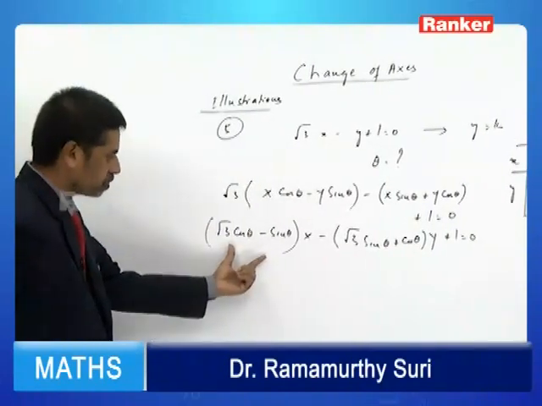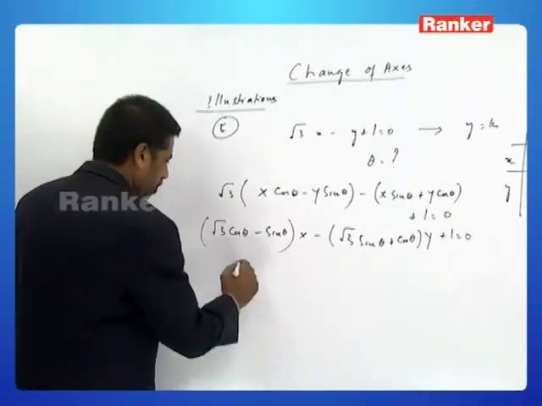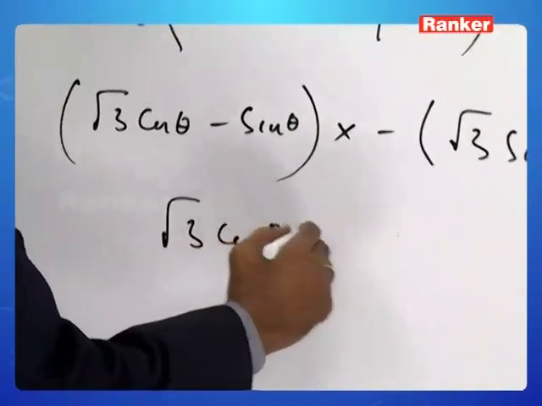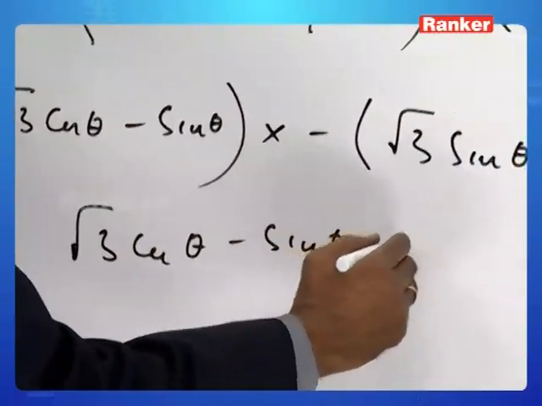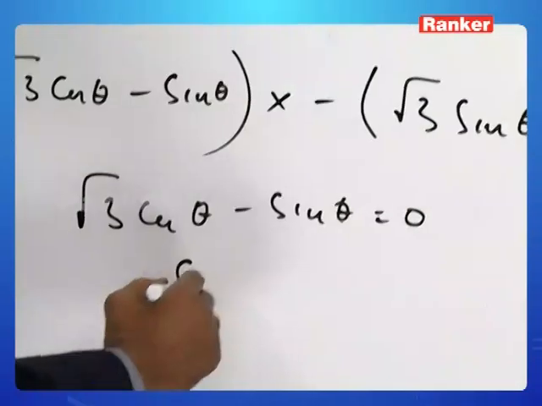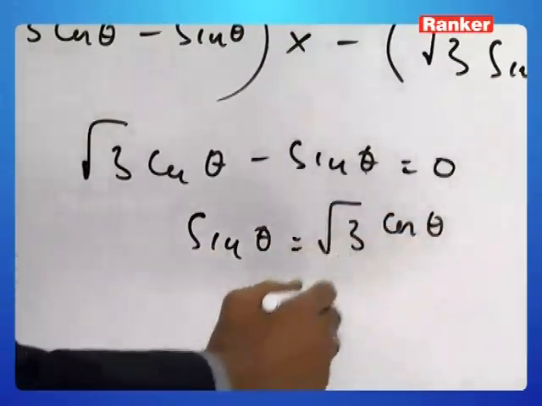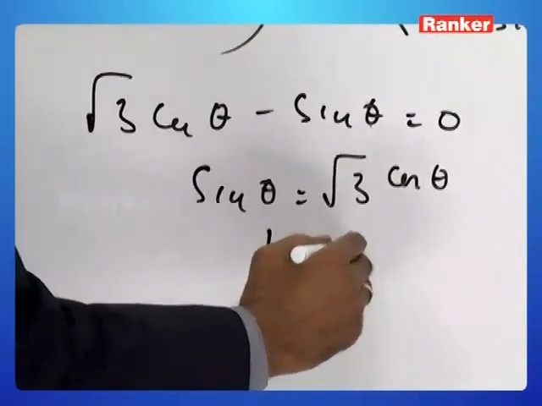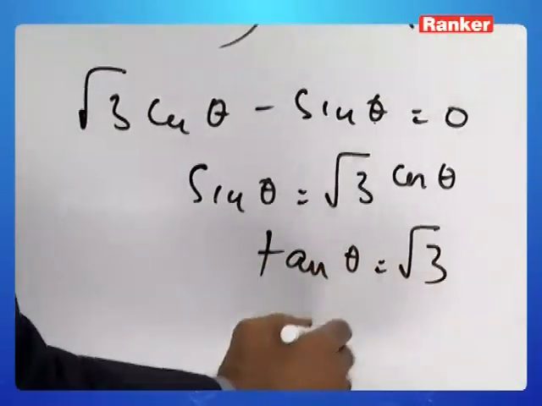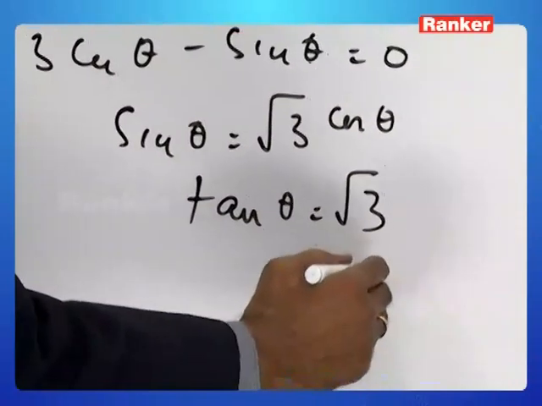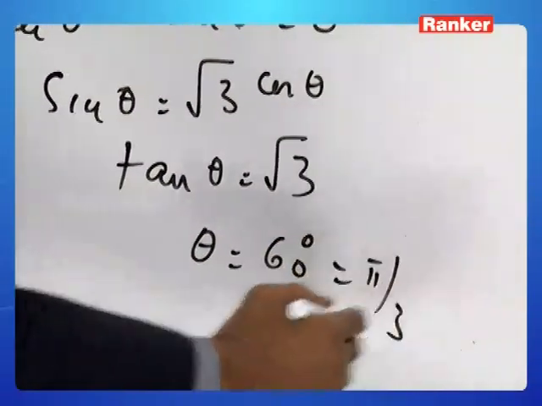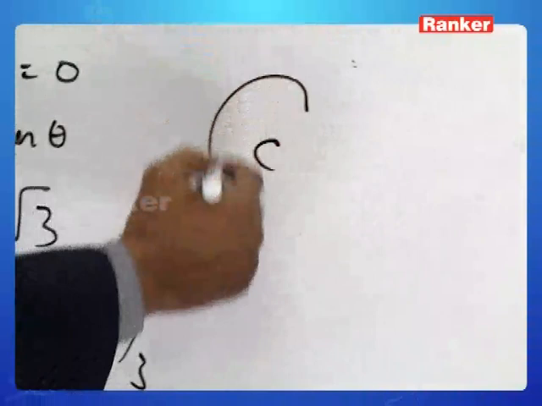The coefficient of x must be equal to 0. So root 3 cos theta minus sine theta is equal to 0. So sine theta is equal to root 3 cos theta. Tan theta is equal to root 3. So theta is equal to 60 degrees or pi by 3. So the correct option for this problem is C.